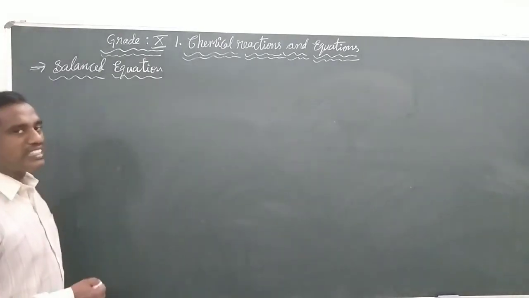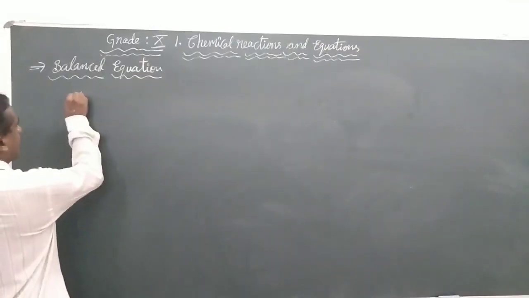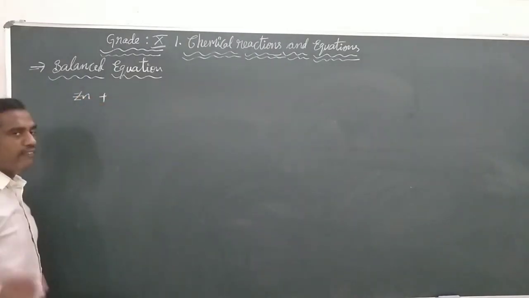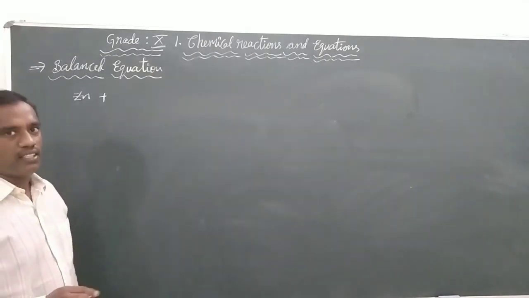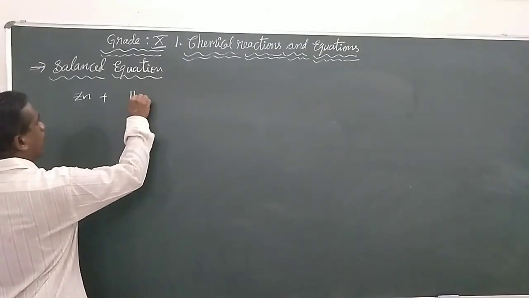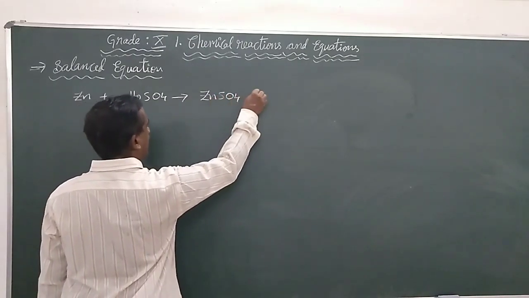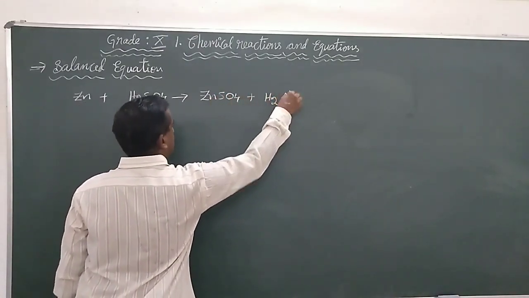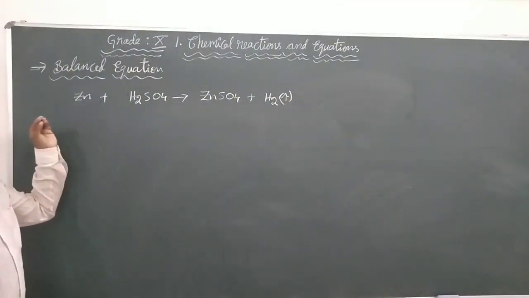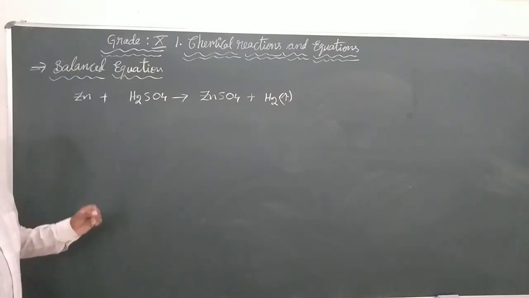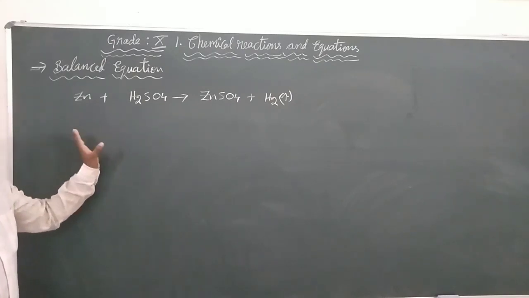Let us take the activity 1.3 equation that we studied yesterday. We remember that activity when zinc granules were reacted with dilute sulfuric acid. The products formed were zinc sulfate and hydrogen gas. Here, how can we say the equation is in a balanced state? First, we must calculate the number of atoms present on the left hand side.